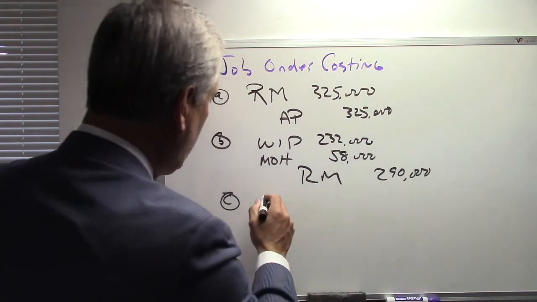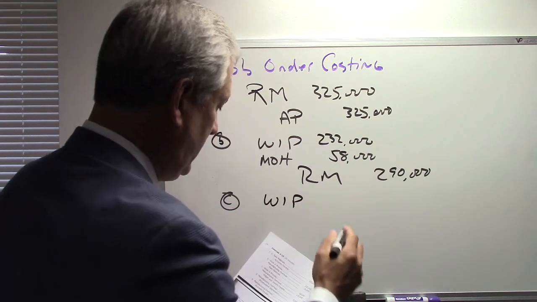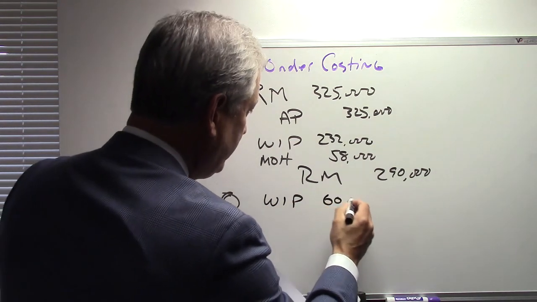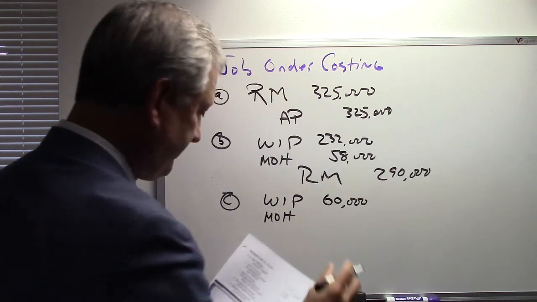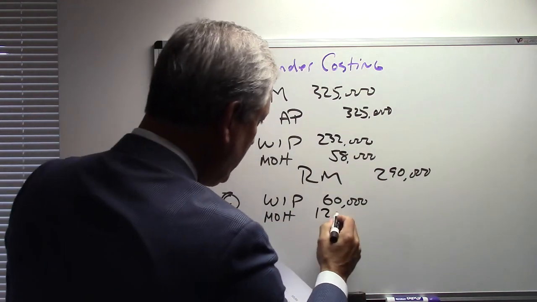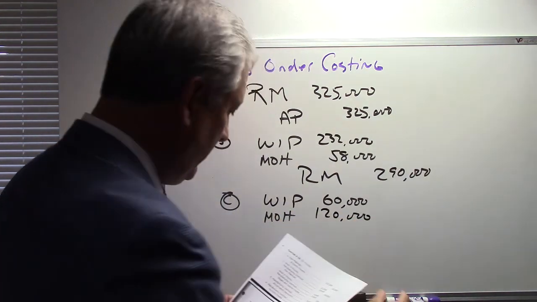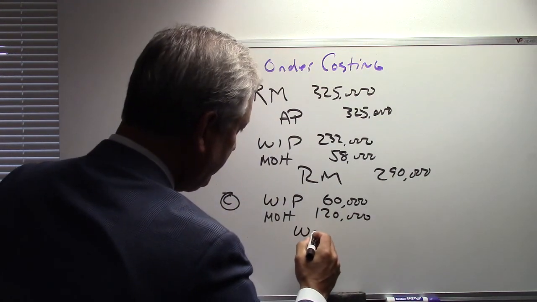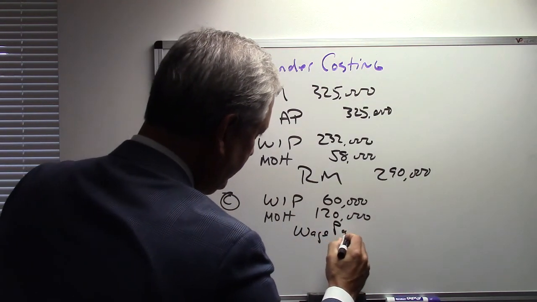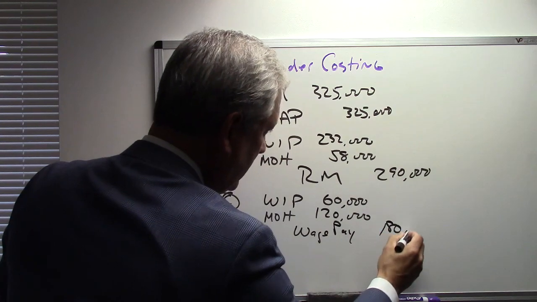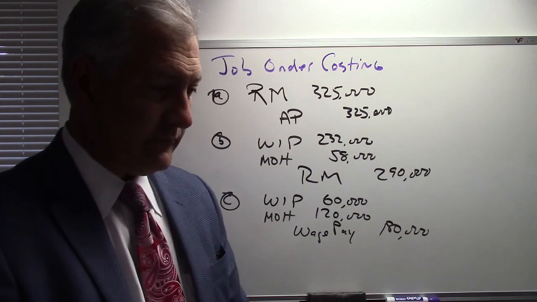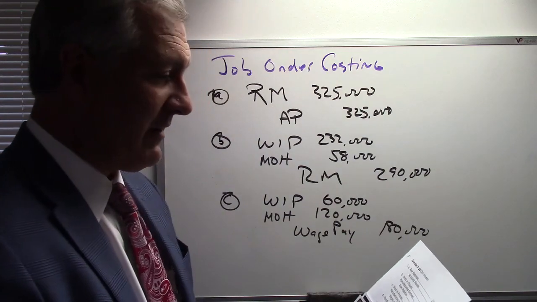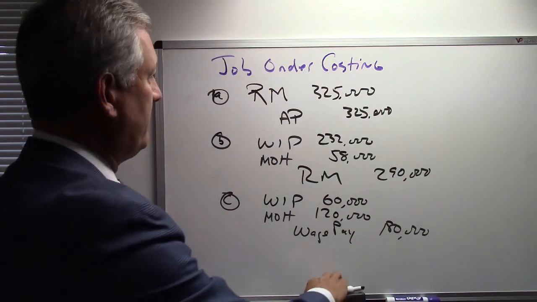So we're going to have work in process here of $60,000. We're going to have manufacturing overhead for $120,000. And we're going to have wages payable for $180,000.